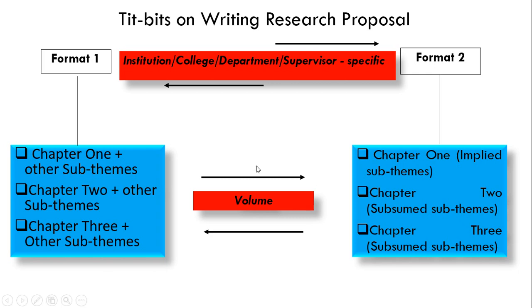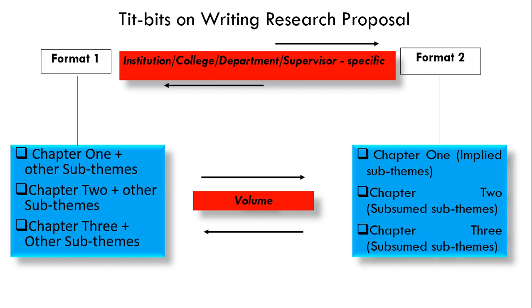But the major point to take between these two is that while you write format 1 and format 2, the difference will lie in volume. Let me take that again.